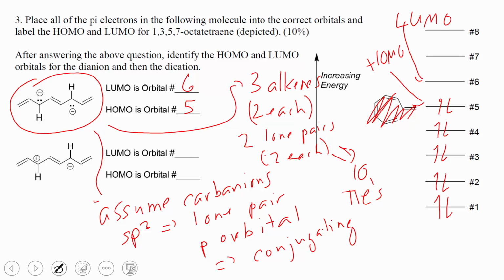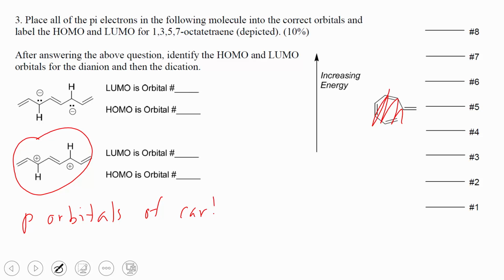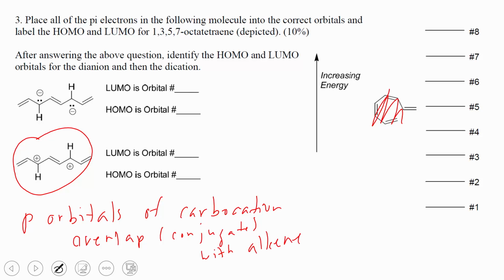All right, and we're going to do it for the dication. So the p orbitals of the carbocation are going to overlap or conjugate with the alkene pi bonds.